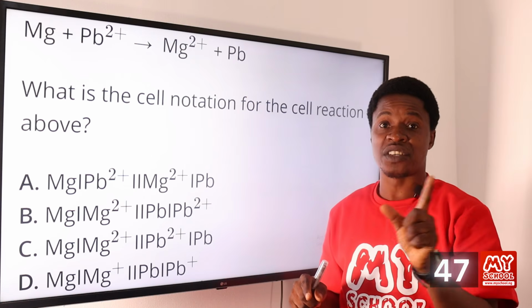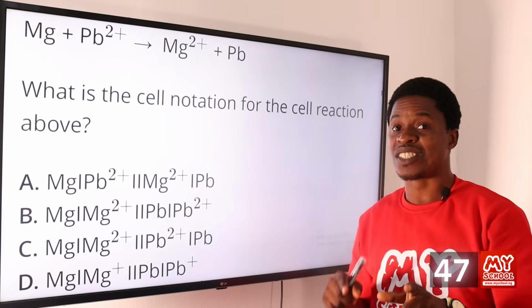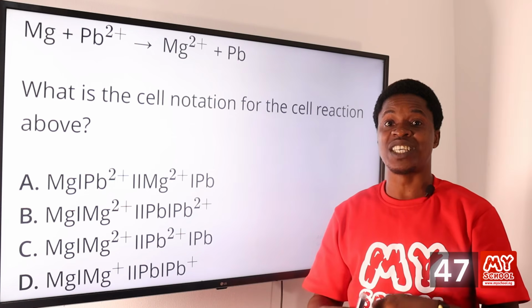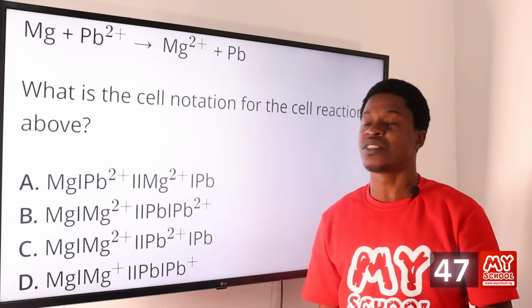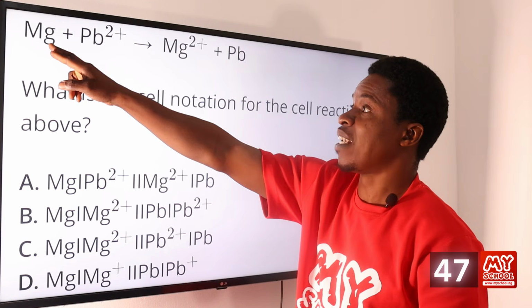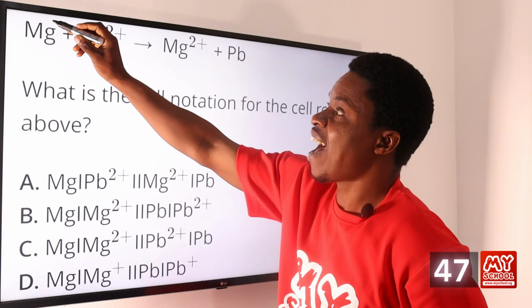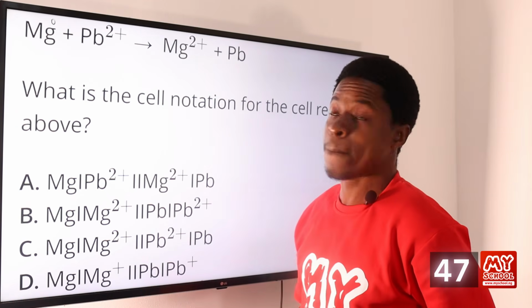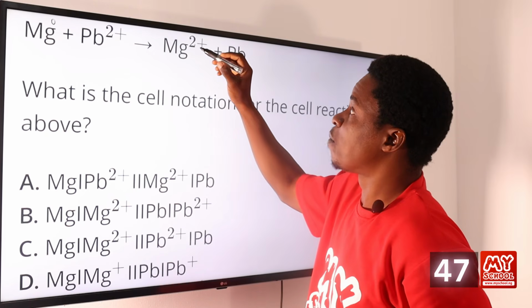If you look at this, we have Mg plus Pb2+. Now let us identify where oxidation is taking place. Remember, oxidation is loss of electrons, or an increase in oxidation state. Magnesium has an oxidation number of 0 and here it is plus 2.